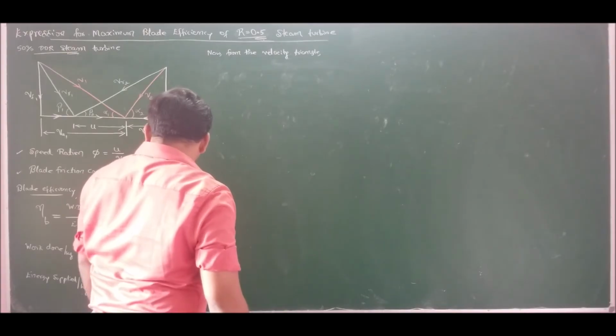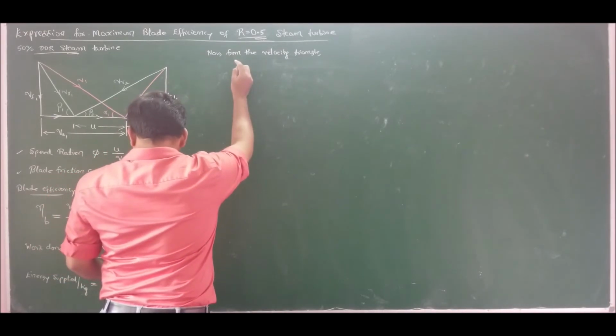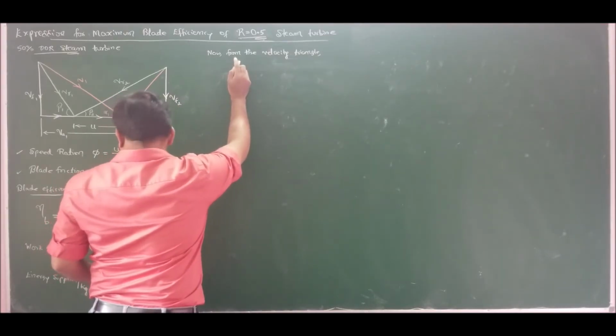Now express everything in terms of blade design factors, that is U, V1 and alpha 1.